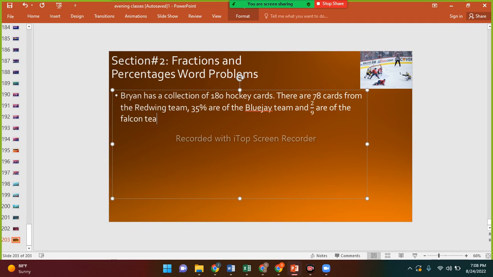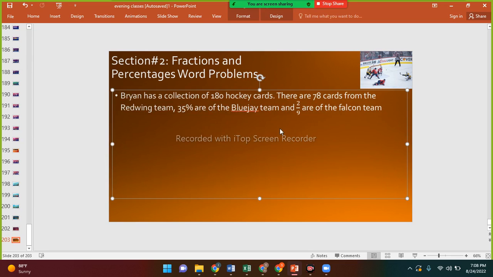So let's say that's the question, and that's the situation that we have. The first thing that we want to do is calculate the fraction of Red Wing cards.